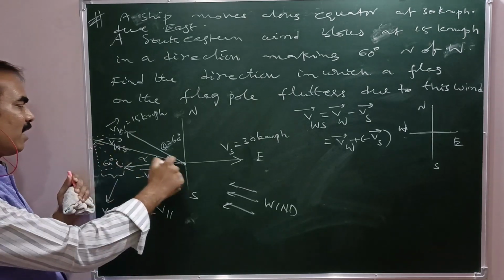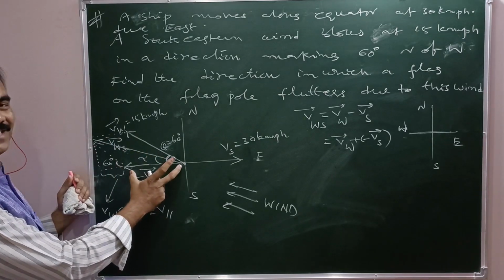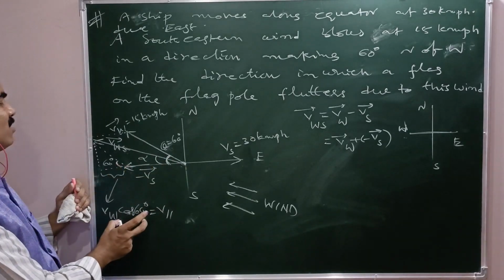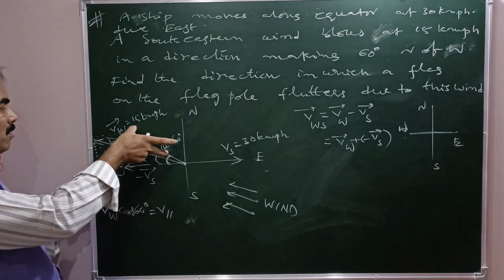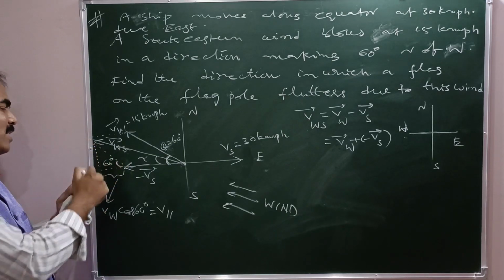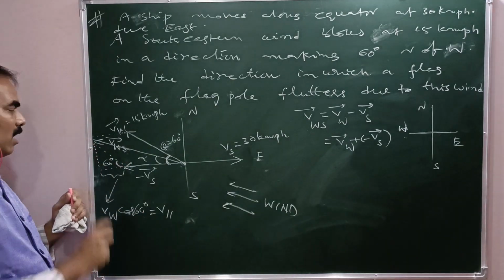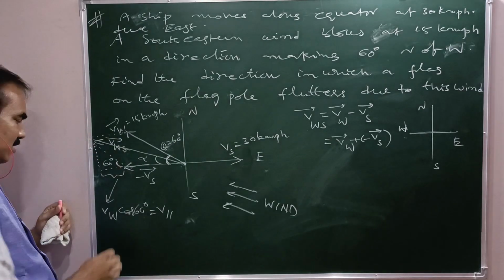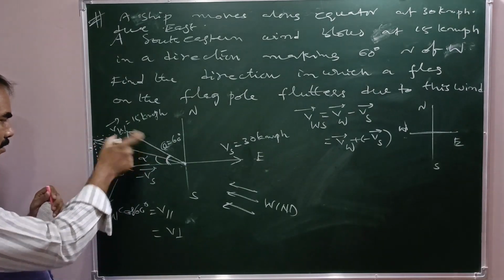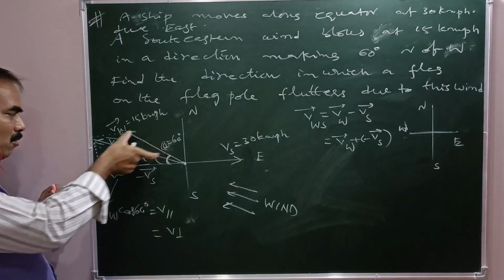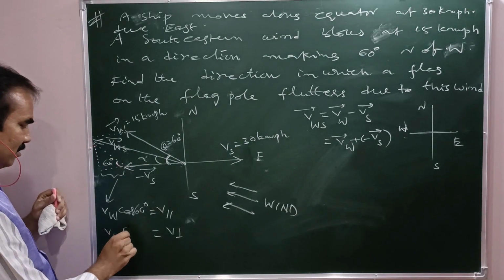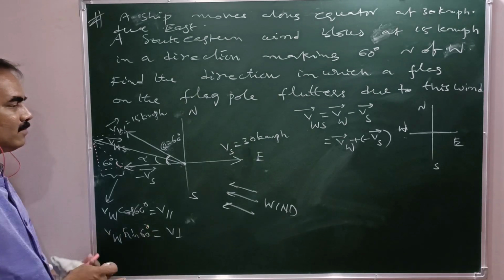From this right angle triangle, we know this measurement is Vs, and this measurement is VW cos 60, because if this is VW, this is also VW. The opposite, perpendicular side is VW sin 60.